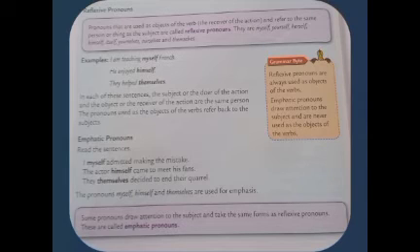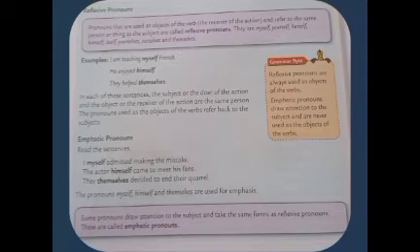The emphasis is given on the same subject. It is an emphatic pronoun. And in reflexive pronouns, the emphasis is always given on the object. So that is the difference.